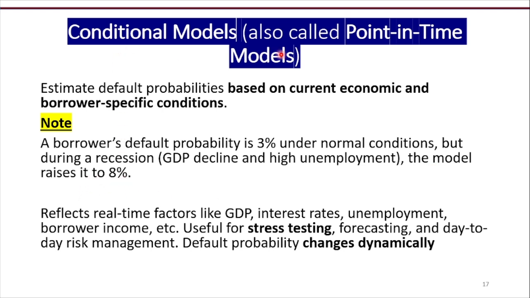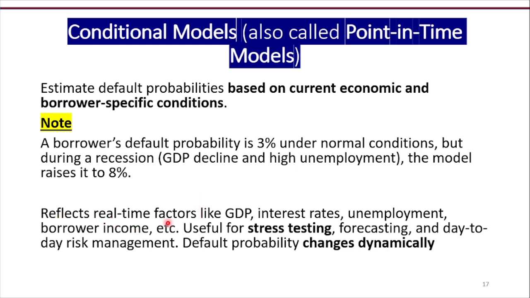In the conditional model, the default probability changes from 3% to 8%. Just mark my words, in conditional models, the default probability of a borrower changes from 3% to 8%. Okay, when does it happen? When the recession, GDP decline or high unemployment rate happens. Just try to understand this.